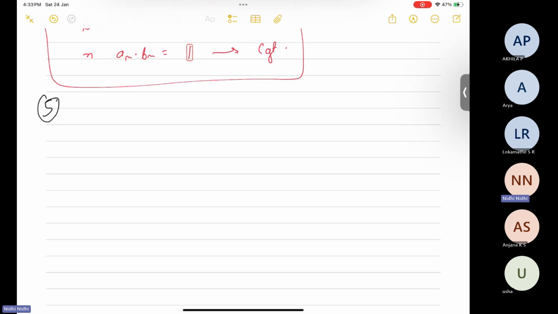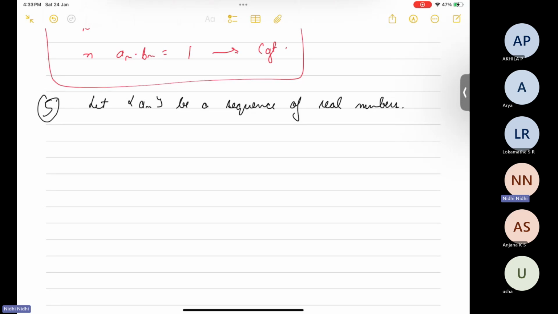Okay, so this will be a bigger one. Let an be a sequence of real numbers. Any sequence, we do not know whether convergent or not.